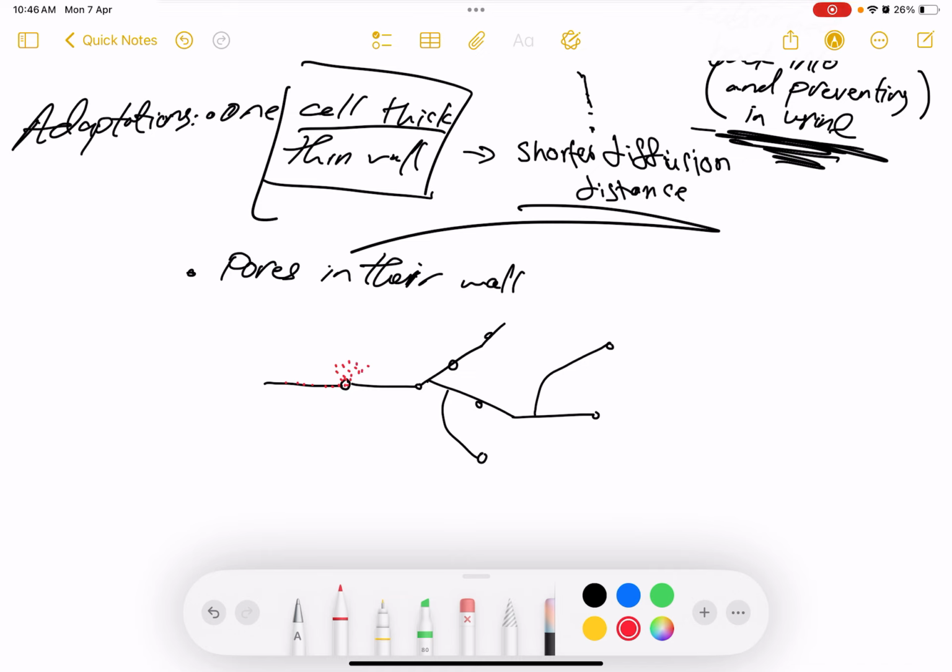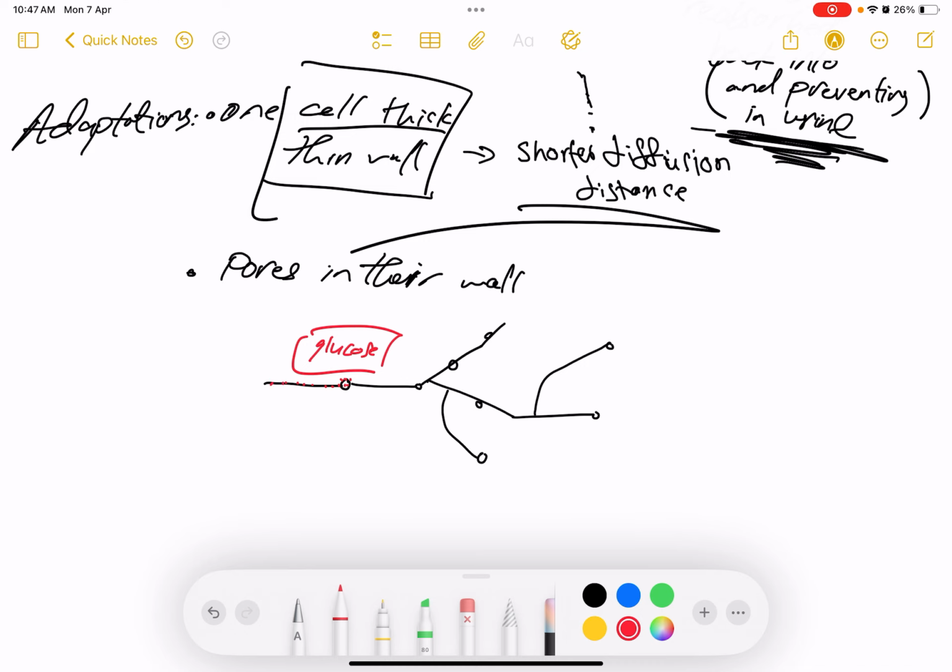Or actually, to be more specific, the blood is not filtered out, but instead the molecules like glucose, or whatever molecules that are small enough to pass through the pore spaces.